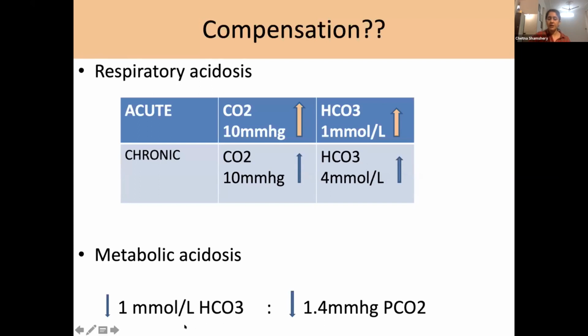On the contrary, during metabolic acidosis, if bicarbonate goes low by 1, the PCO2 will go down by 1.4. So you can cram it as 1, 4, 1.4. It is easy to learn that way. During acidosis, the compensation is 1, 4, 1.4.